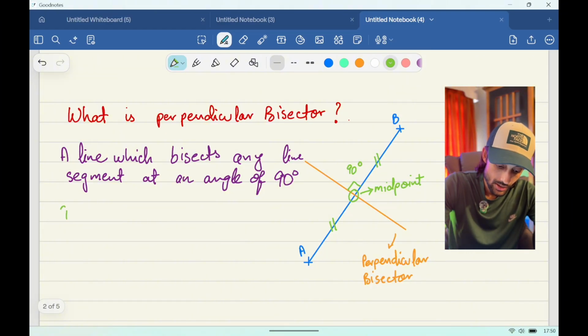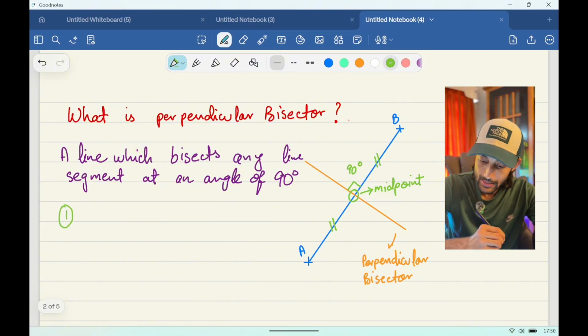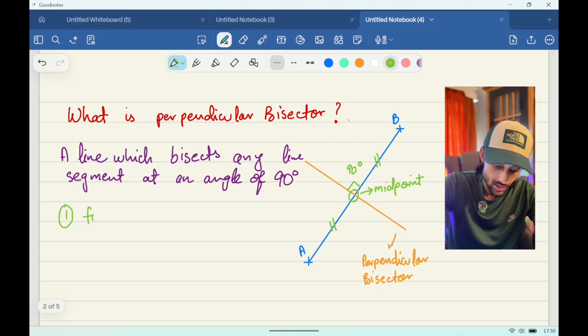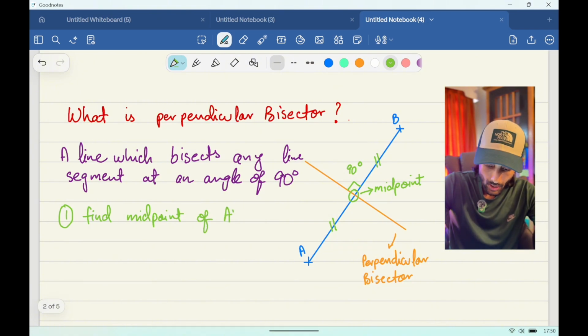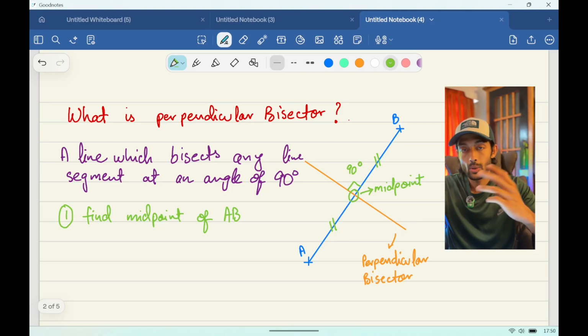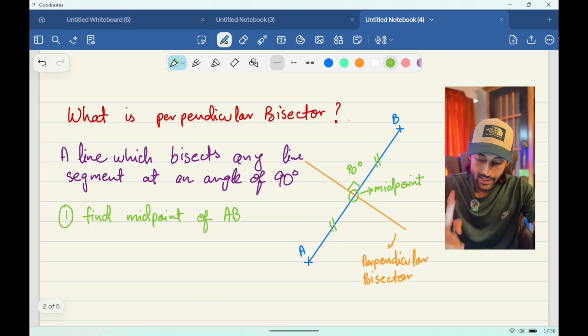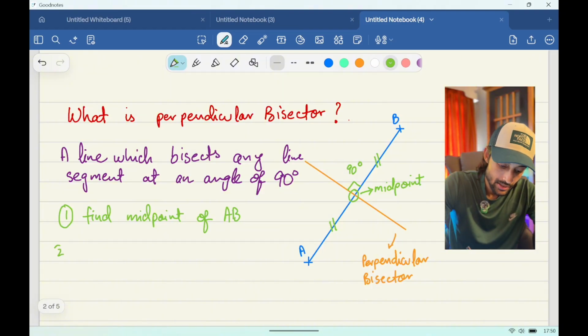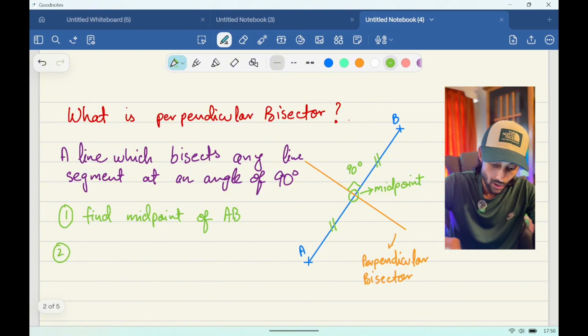So step number 1 to find the equation of perpendicular bisector is to find the midpoint of the given line segment. Whichever line segment is given to you by the examiner between any 2 points, you need to first find out the midpoint.